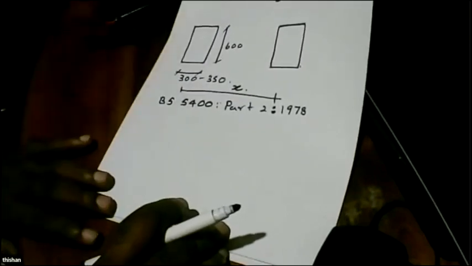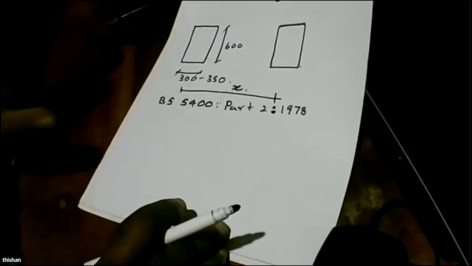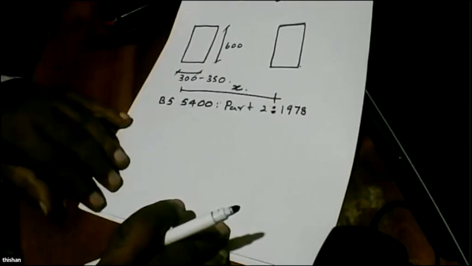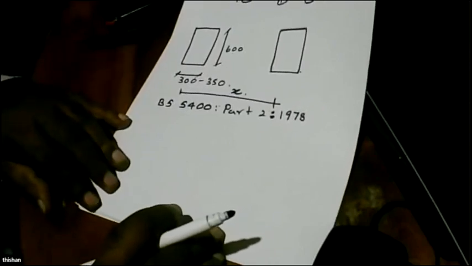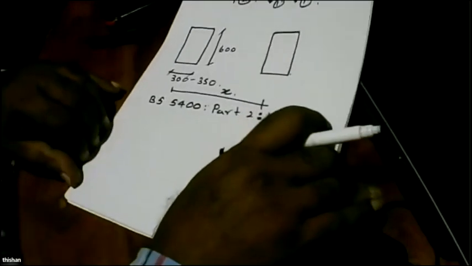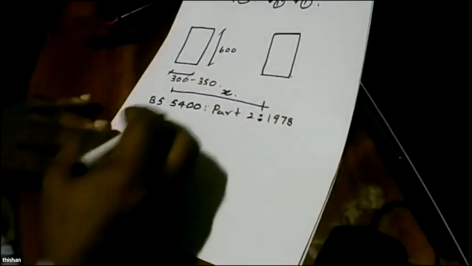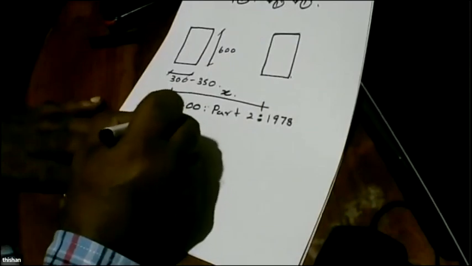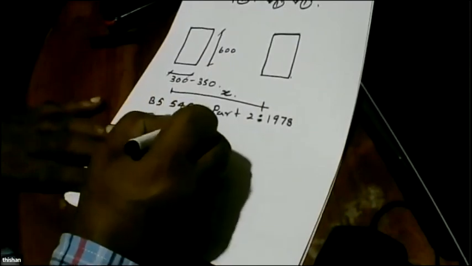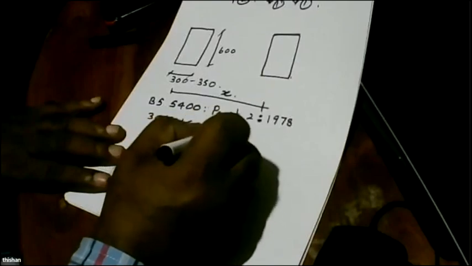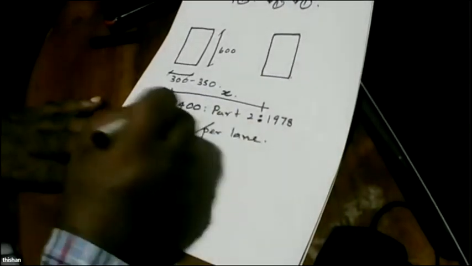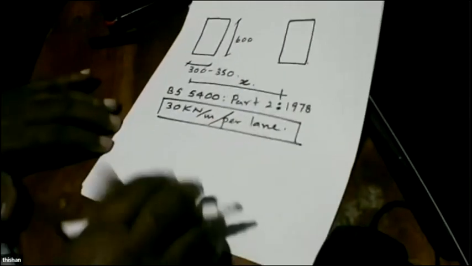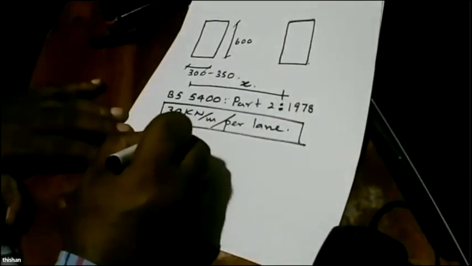So we'll assume that this is going to be a normal road, and we are going to design a bridge to carry a load equal to 30 kilonewtons per meter per lane. Then we have to decide the width of the lane, and let's say we like to have 3.5 meters of lane.